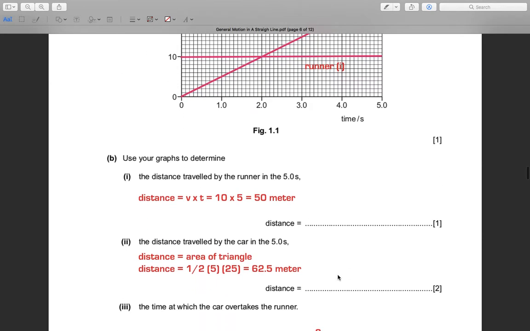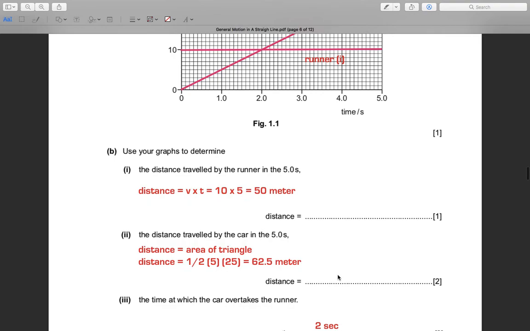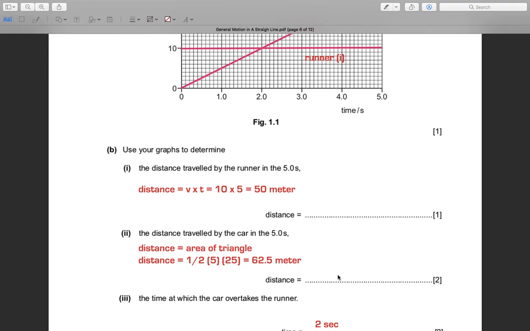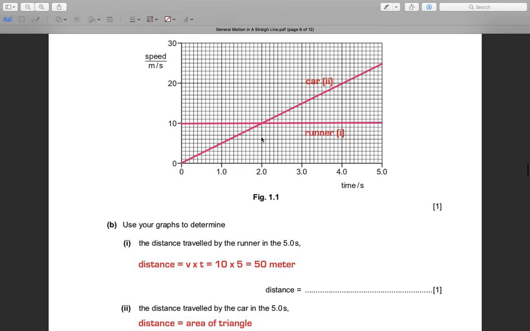Continue to question 2: the distance traveled by the car in 5 seconds. Same as the definition of distance, the distance equals the area below the graph. So the distance of the car is the area of this triangle.